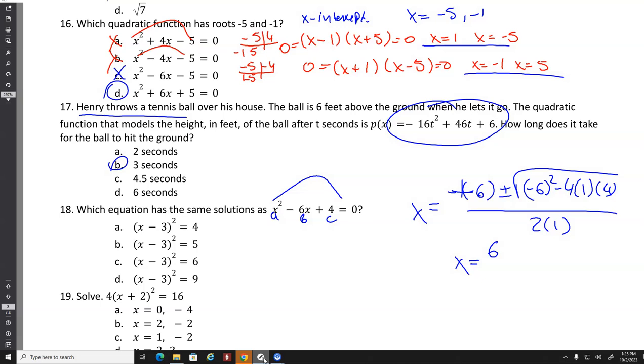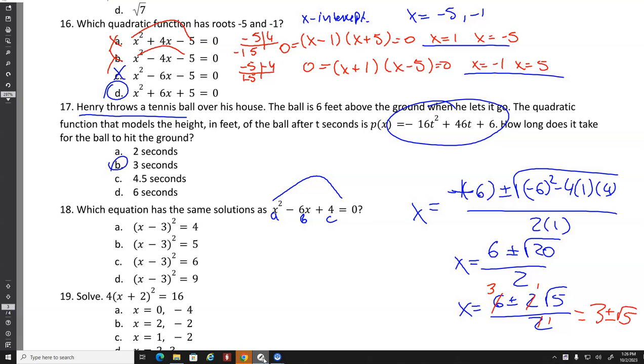So you're going to get 20 underneath the radical over 2. Now the square root of 20 is 2 root 5. So you get x equals 6 plus or minus 2 root 5 over 2. Of course, I can simplify it by dividing each of these terms by 2. So this is 3, this is 1, this is 1. So I get 3 plus or minus root 5.